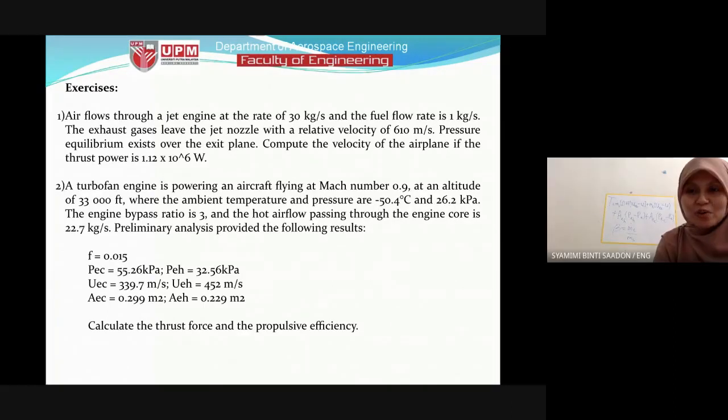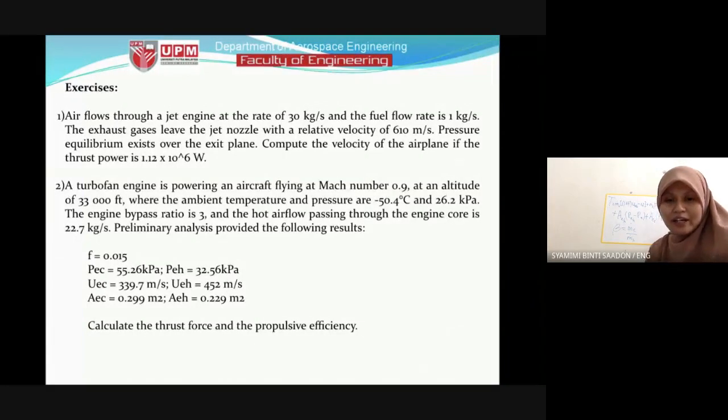Velocity. So how do we find the velocity, the U? Look at the information given. What else that we haven't used yet? Mach number. From the Mach number, you know the definition of Mach number.